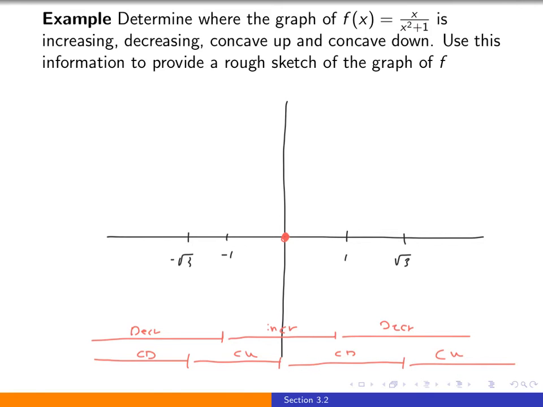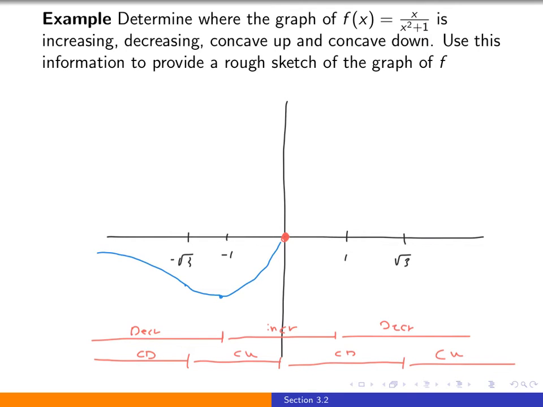So we start off to the left here, decreasing, concave down. Once we hit minus root 3, our concavity changes to concave up, but I'm still decreasing. But when I get to minus 1, we change to increasing.